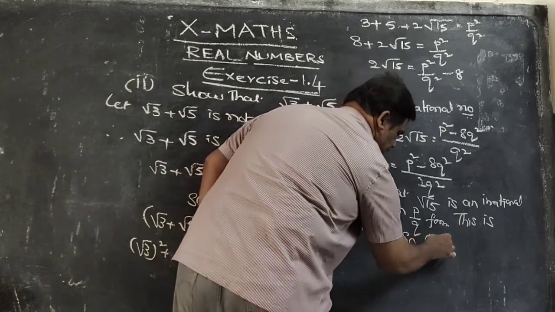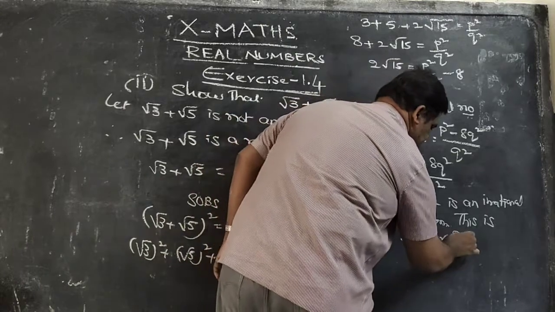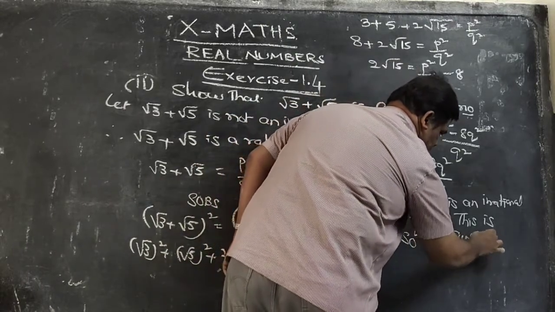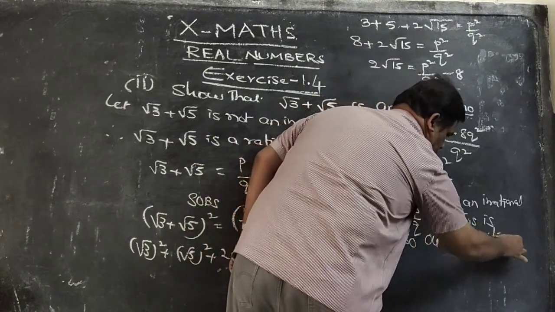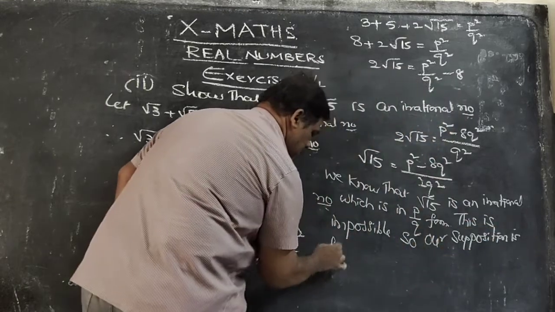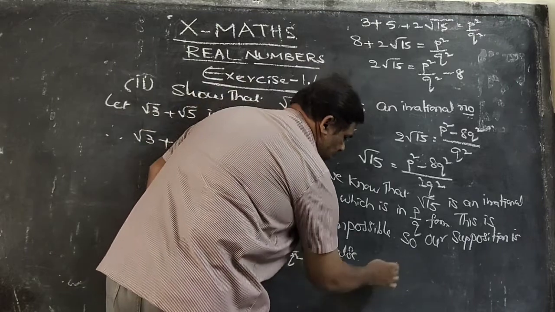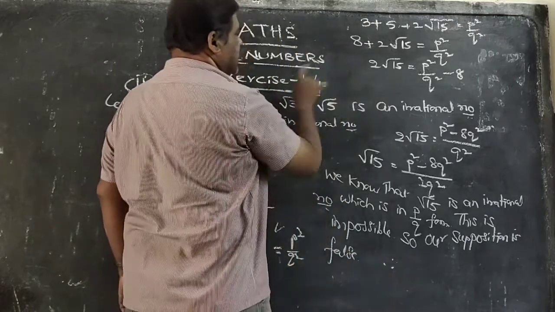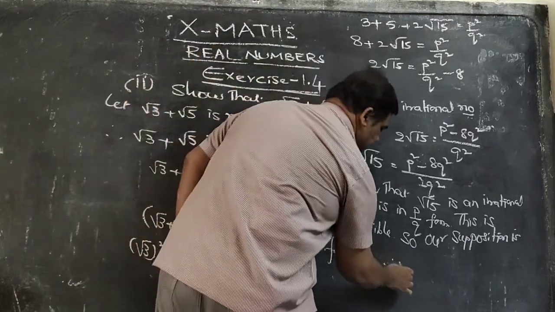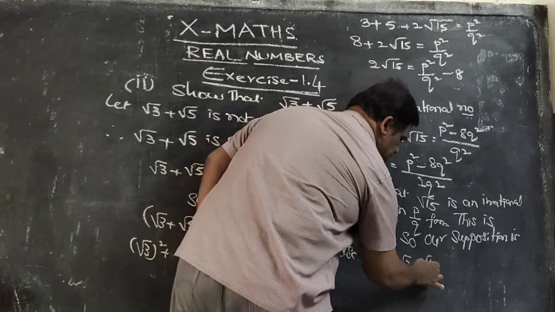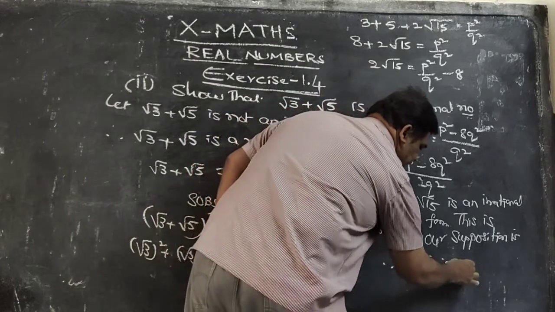So our supposition is false. If our supposition is false, therefore the given statement is correct. The given statement is what? Root 3 plus root 5 is an irrational number.